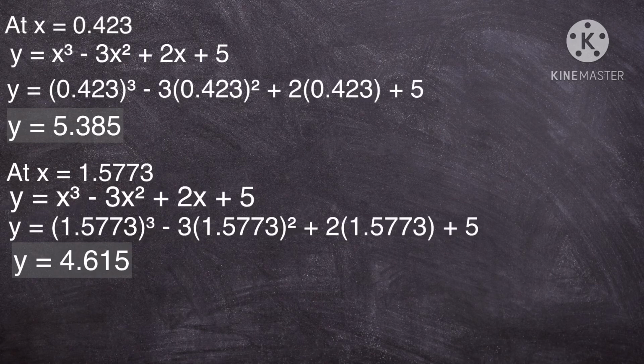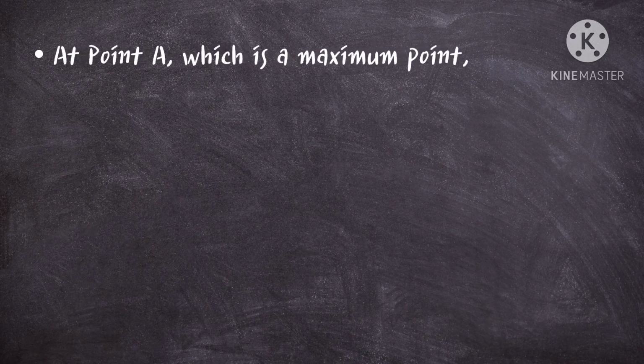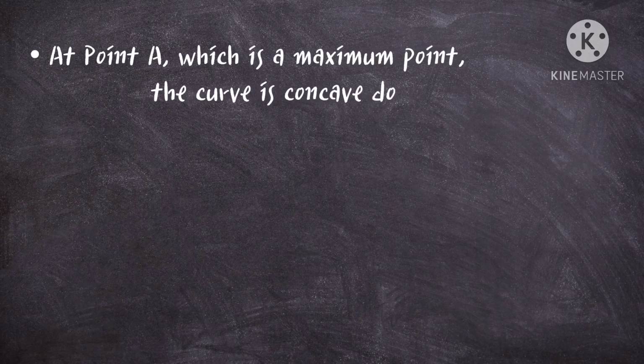The roots of x are 0.423 and 1.5773. Therefore, the critical points are 0.423, 5.385, and 1.5773, 4.615.